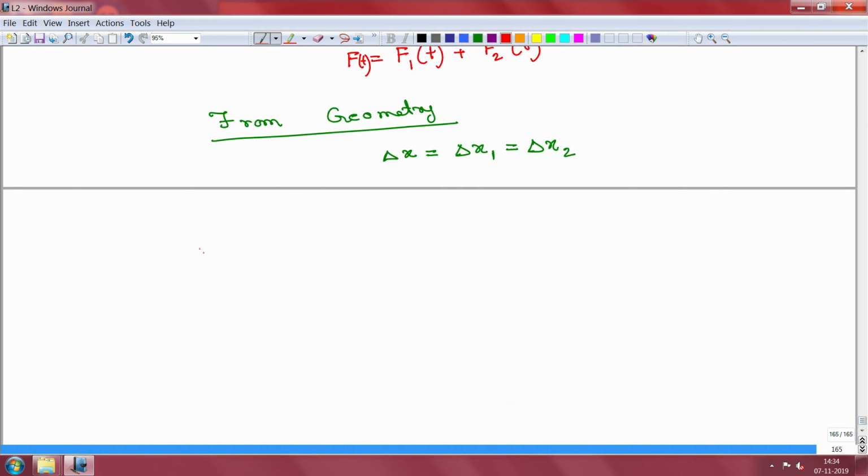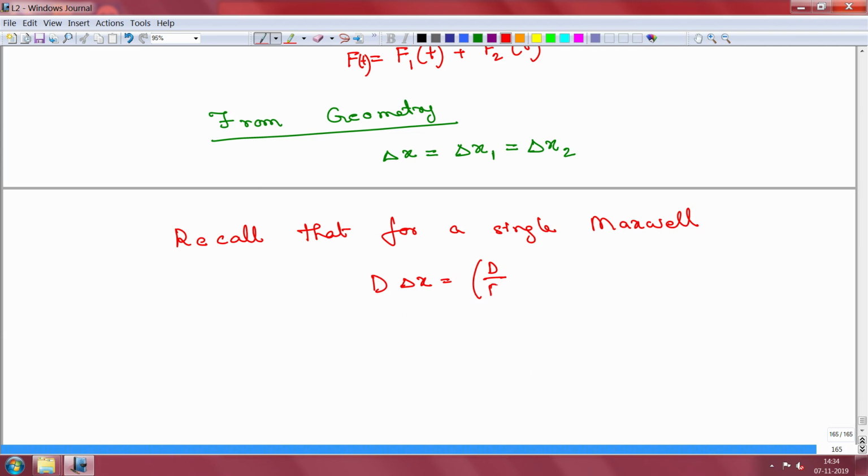Now, recall that for a single Maxwell, the equation that we used to write would be d of delta x equal to d by E plus 1 by eta times of F. So, we will use this here.